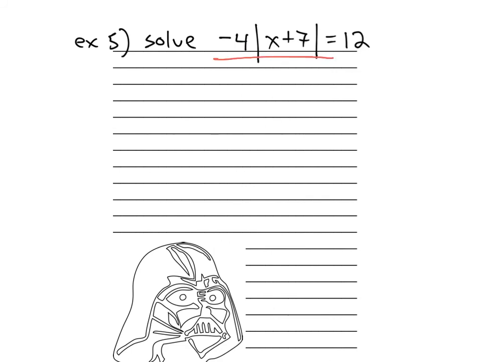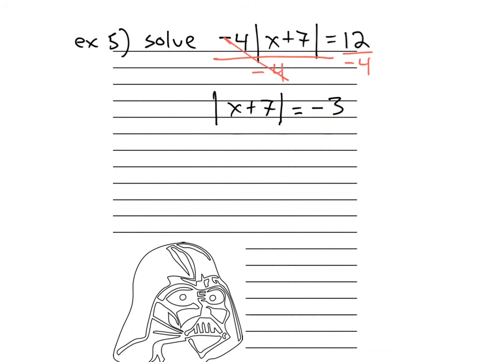So divide both sides by negative 4 to get that absolute value by itself. So now we have x plus 7 in absolute value, absolutely by itself, but what does it equal? Negative 3.